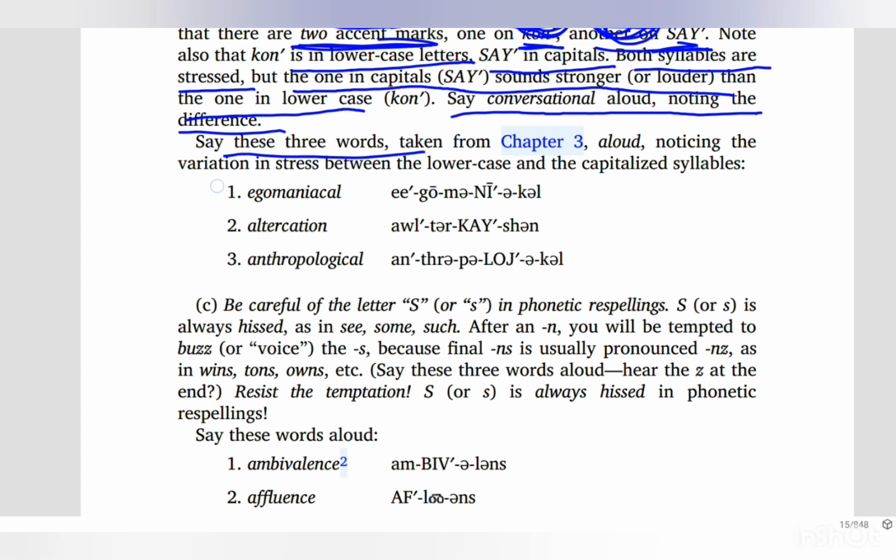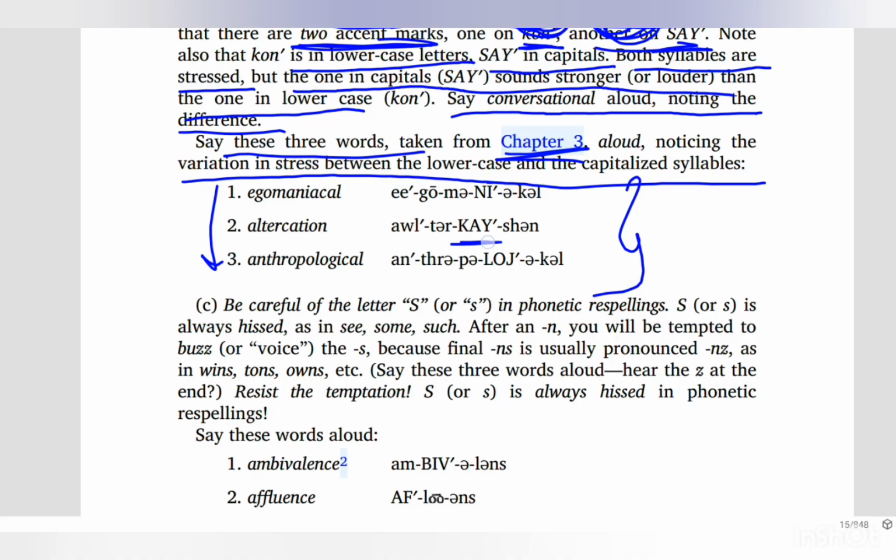Say these 3 words, taken from chapter 3, aloud, noticing the variation in stress between the lowercase and capitalized syllables. I hope you will read this along with me. Egomaniacal. Altercation, we stress right here, and a little below stress right here. Anthropological, right here, okay?